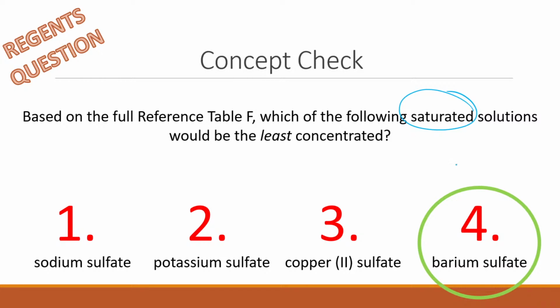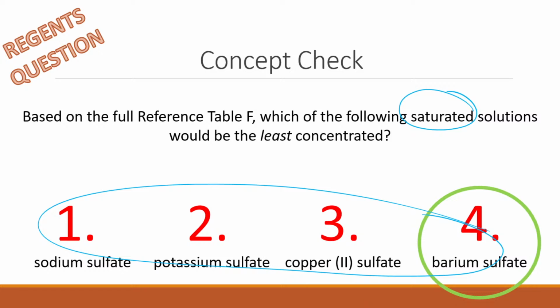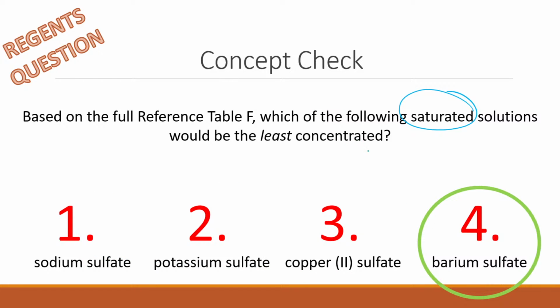And so a saturated solution is a solution filled with salt. And concentration refers to how much of it is actually dissolved. And so when we want something that is the least concentrated, we will take the thing that is insoluble.